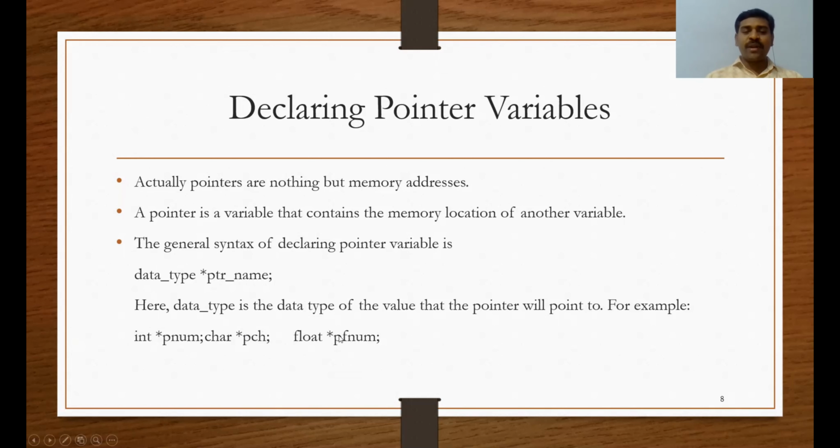That means pfnum is a pointer variable that is pointing to a floating point number. So pnum is the pointer variable pointing to an integer, pch is the character pointer pointing towards the character data type, and pfnum is the pointer variable pointing to floating point data.